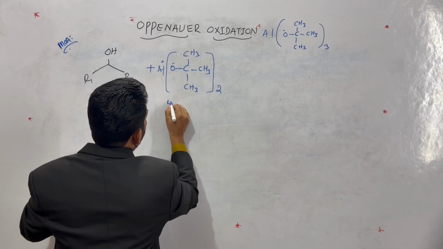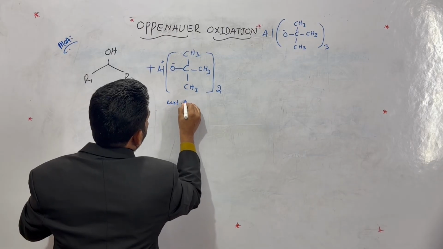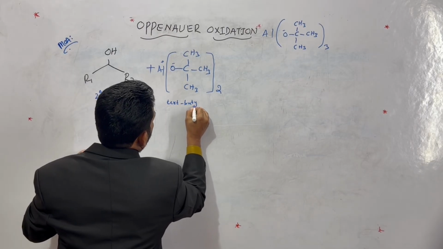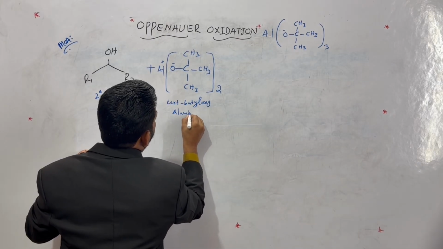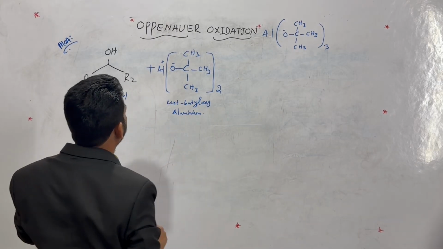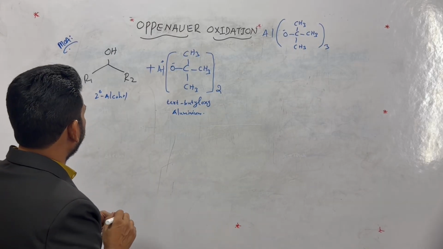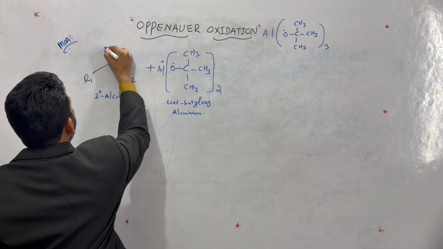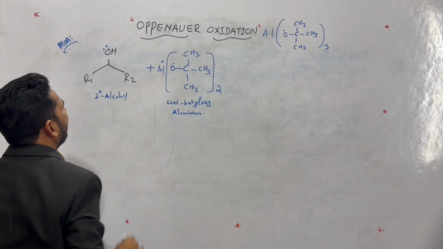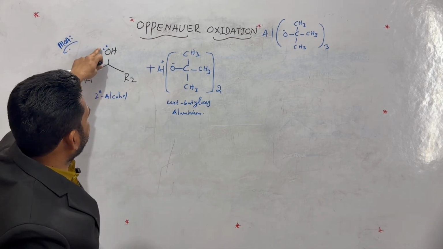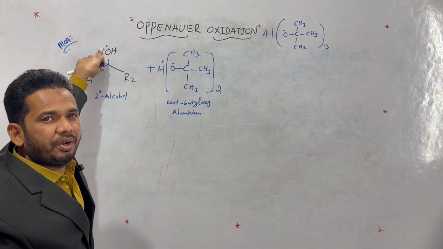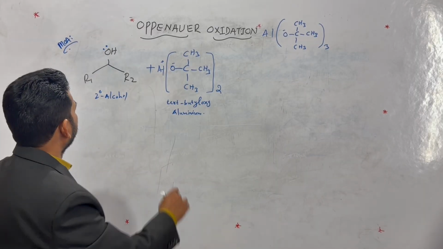This is tertiary butyl oxy aluminum. As we know, this oxygen has a pair of electrons. Remember that, oxygen always has an extra pair of electrons.